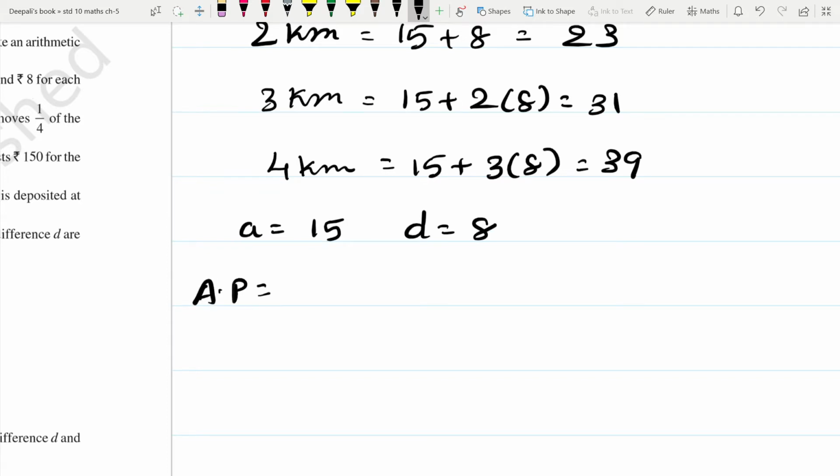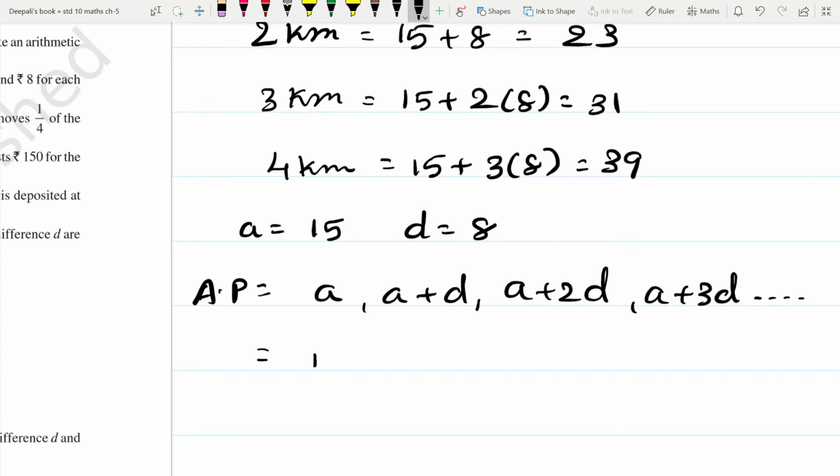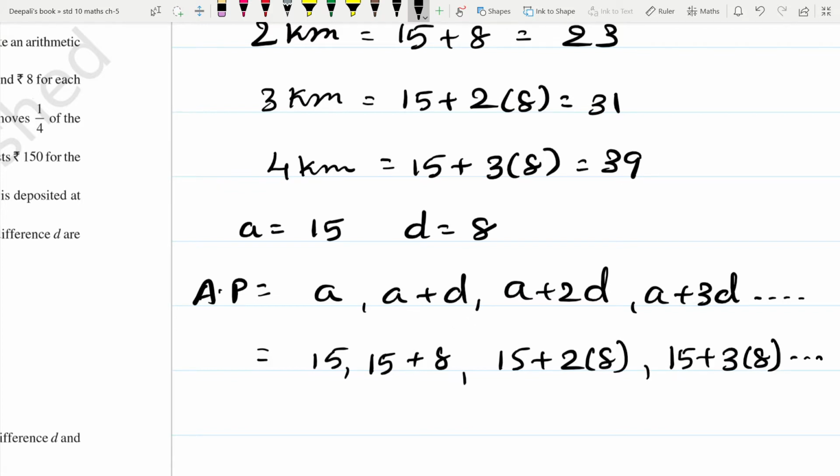AP is equal to A plus D, A plus 2D, A plus 3D, and so on. So my A is 15, A plus 8, that is 15 plus 8, 15 plus 2 into 8, 15 plus 3 into 8, and so on.